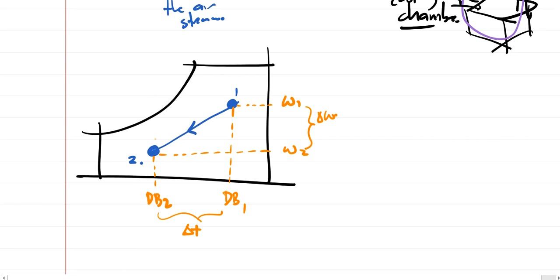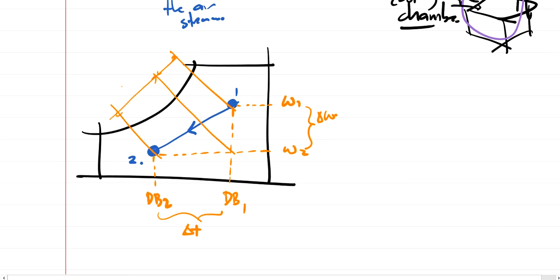Okay, so in terms of energy, as I have always said, whenever there's a change in the temperature or the humidity, there must be some energy added or subtracted from the system or the airstream. Since we have this change in the moisture content, that means we have latent heat.